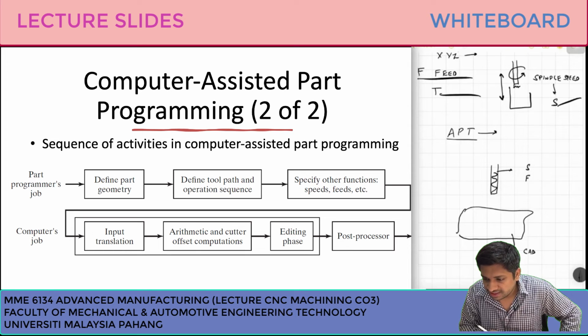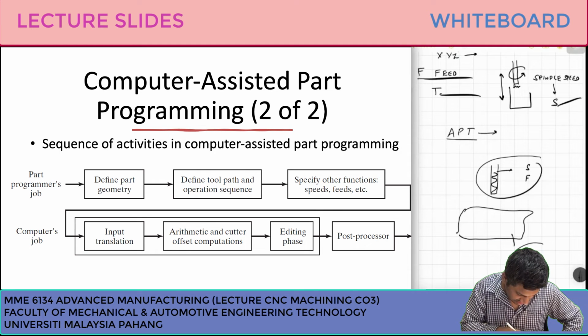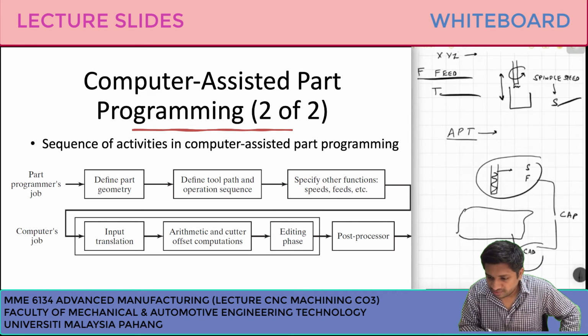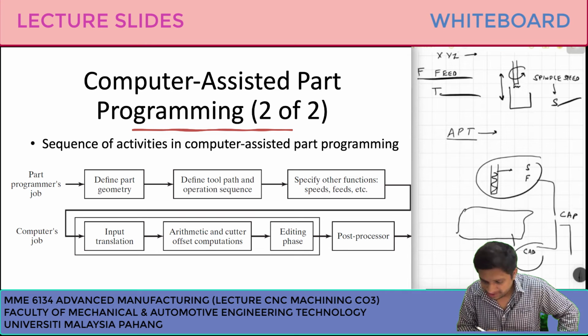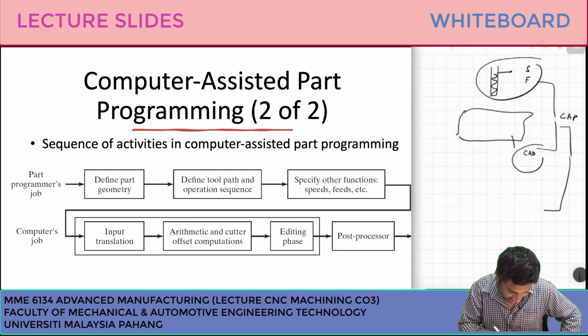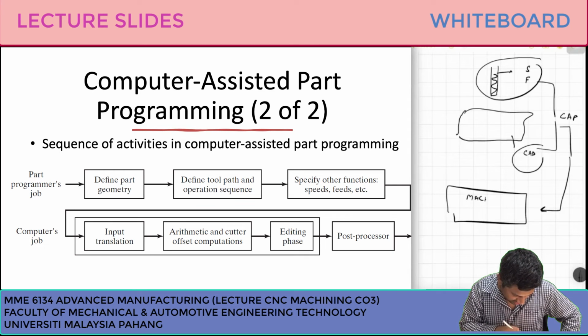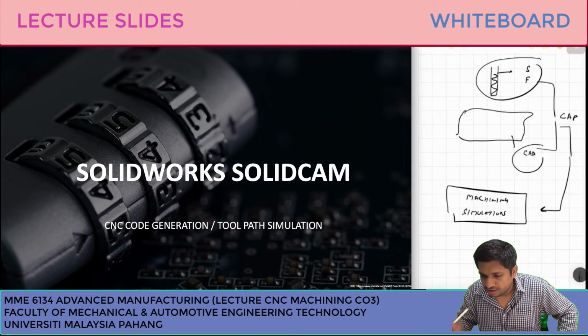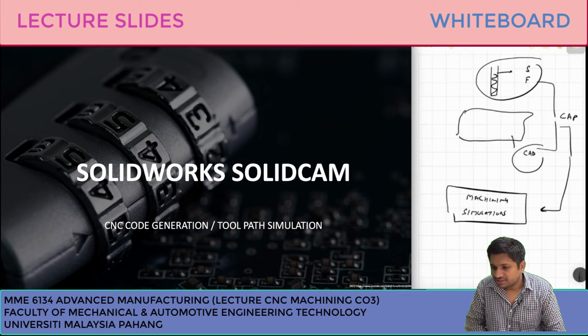Number four, this is then converted by the computer, using computer assisted programming. Then simulation is carried out, or direct machining is carried out. We can do machining and we can do simulation. I will show you examples of how. So this is the example of how it is done.